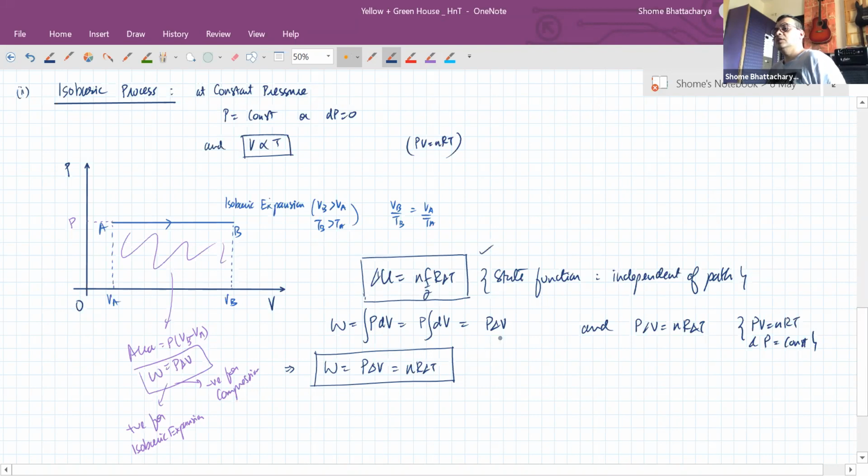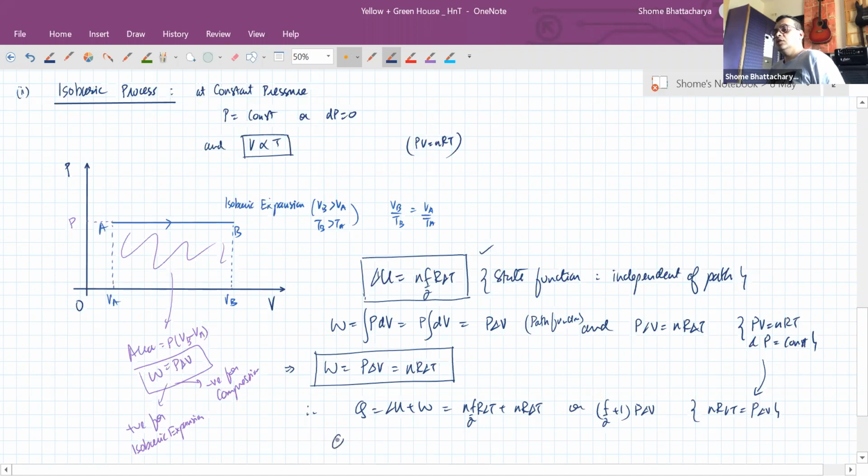Whereas this is of course a path function, W. So now we can see that Q, which is equal to delta U plus W, becomes nf/2 R delta T plus nR delta T. Or we can write this as (f/2 plus 1) into P delta V, because nR delta T is P into delta V, as we've seen before.